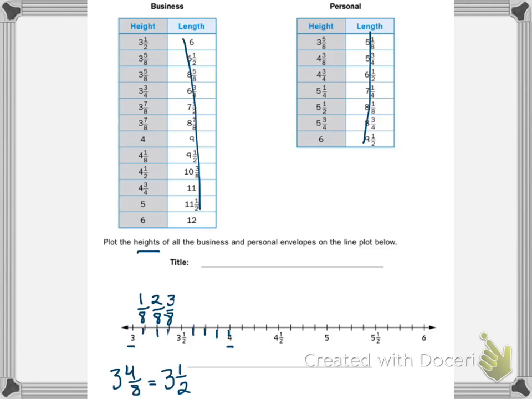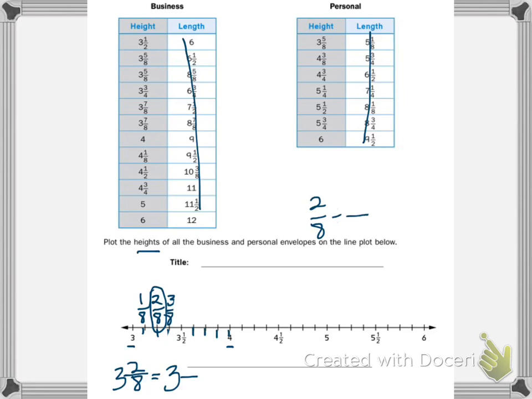Well, of the fractions I wrote, are there any other ones that can be simplified, that can be written a different way? Some of you see it right away. It is the 2/8. So 3 2/8 is the same as 3 and what? Well, think about this. Can you take 2 and 8 and divide them by the same number?